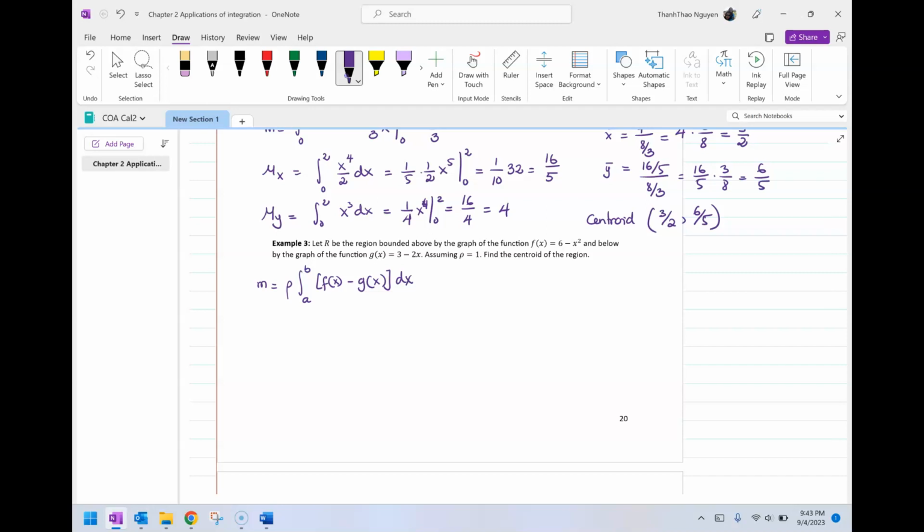Okay. So first things first, we need to figure out what our a and b are. We can do that by letting g of x equal to f of x and solving for x. So we have 6 minus x squared equals 3 minus 2x. Factor.